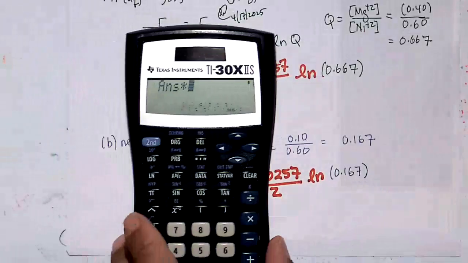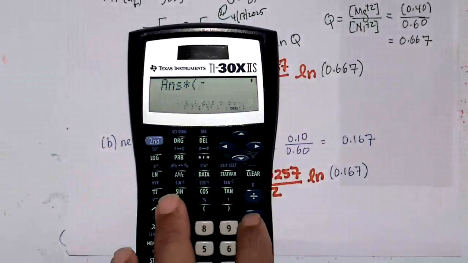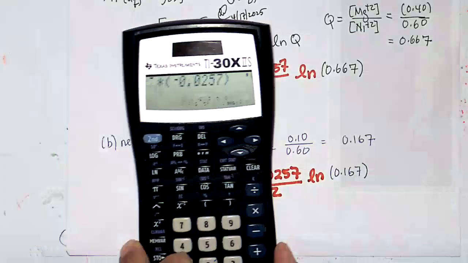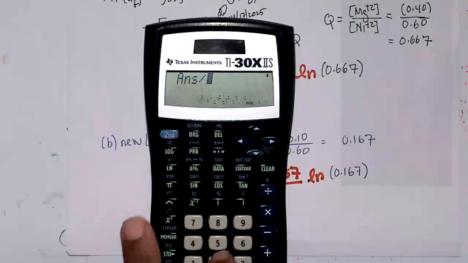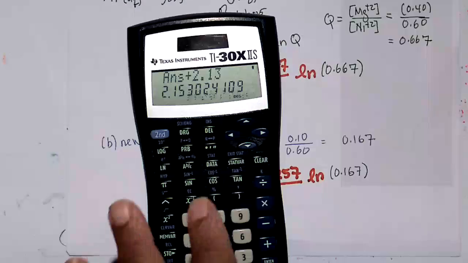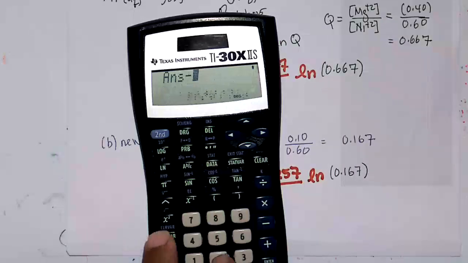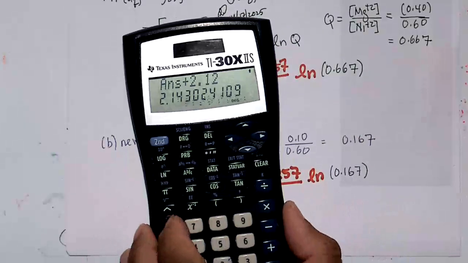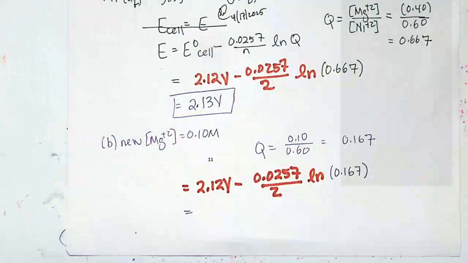Times a minus 0.0257, divided by 2, plus 2.12. About 2.14 volts. Okay, 2.14 volts is the answer.